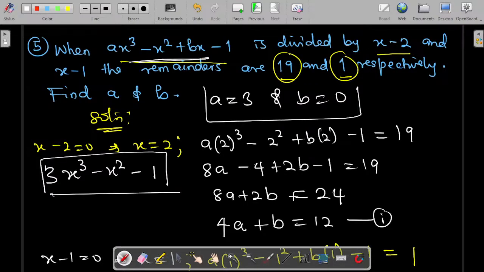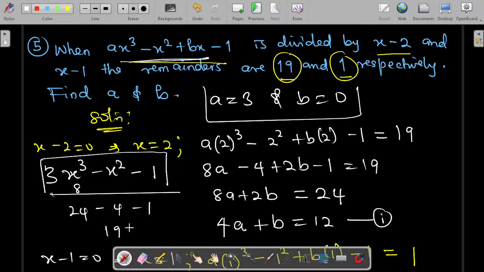Of course, we can check that using remainder theorem. So just substitute your x as 2 into this. You will get 19. If you put x as 2 here, that will give you 8. 8 times 3 is 24. Minus, if you put x as 2 here, you will get 4. And so you have 24 minus 5, which is 19.